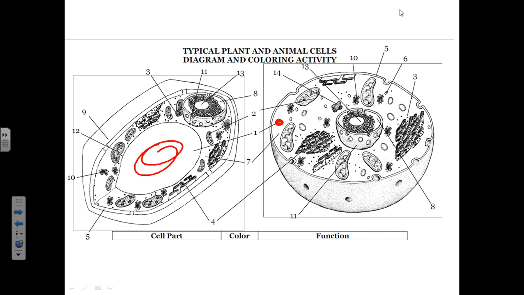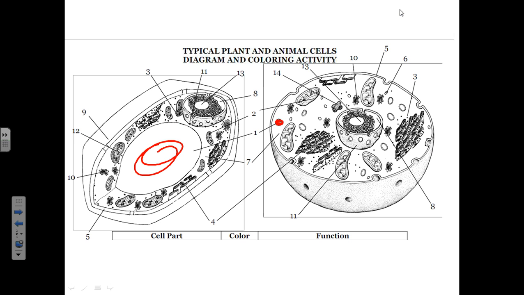That's one of the differences between the two. What is it? It's a vacuole. Plants have that big old huge vacuole in the middle, mostly to store what? Water. Mostly water in plants. Animals might use it to store water. They might use it to store food. They might use it to store waste. They might use it to store enzymes. But that's a vacuole. Number 1's a vacuole.